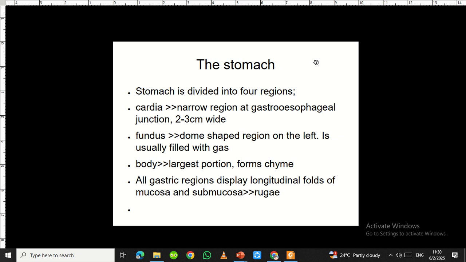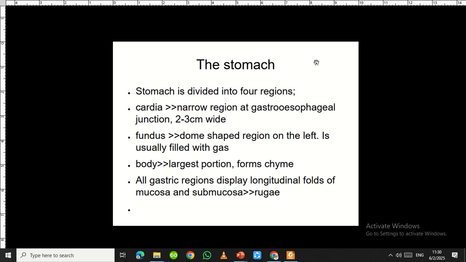The fundus is that dome on the left, and it usually fills with gas. And then the body is the largest portion of the stomach, and then the pyloric part is going to be funnel shaped, right? And that is going to allow the chyme to enter the duodenum.